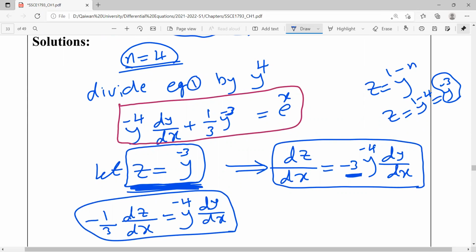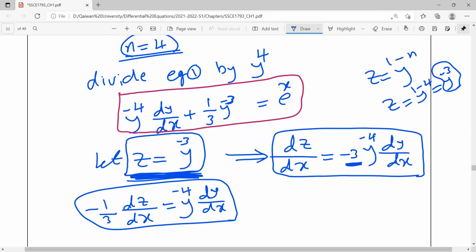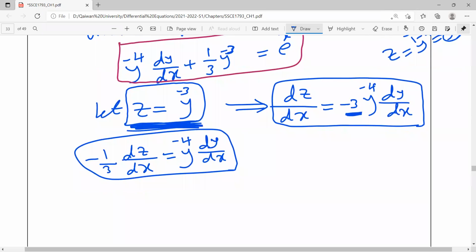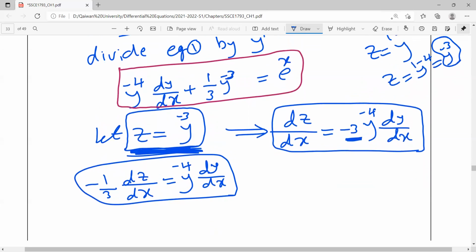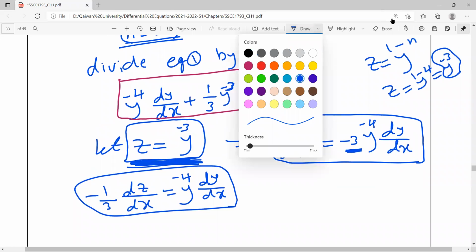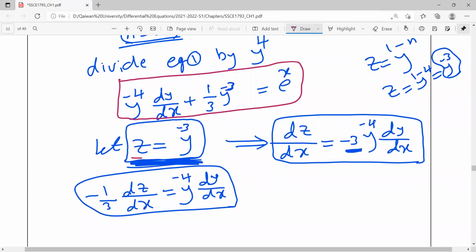We get that, because y times y to the power negative 4 is y to the power 1 minus 4, so y to the power minus 3. Now, we replace each y to the power minus 3 by z. And also, we replace minus 1/3 dz by dx.